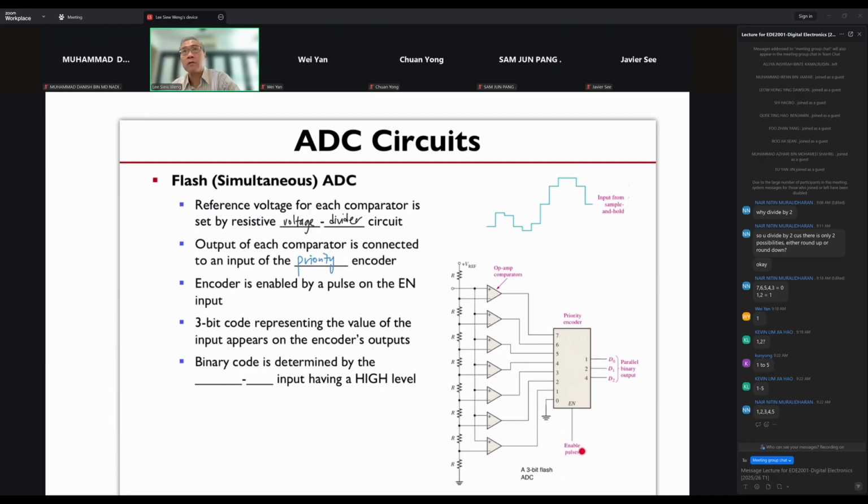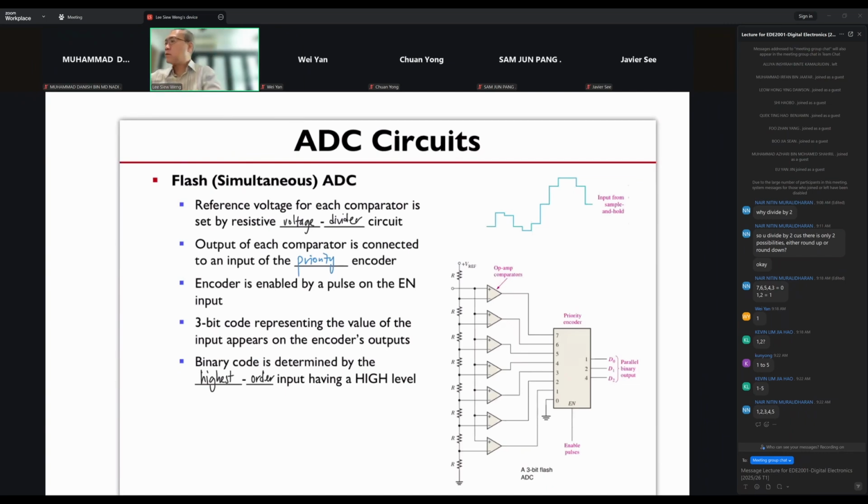When the enable pulse is high, the encoder will do its work. So it will not be encoding continuously; it will encode only during the enable pulse. Like I mentioned, the encoder will output a 3-bit code depending on the highest op-amp that gives you a high. So the binary code is based on the highest order input which has a high level.